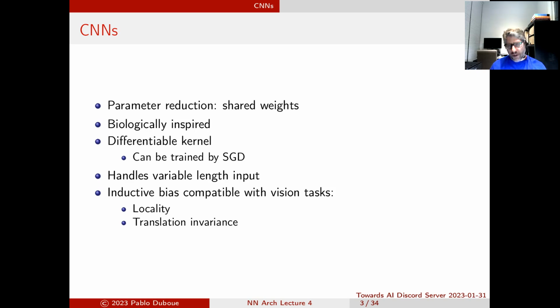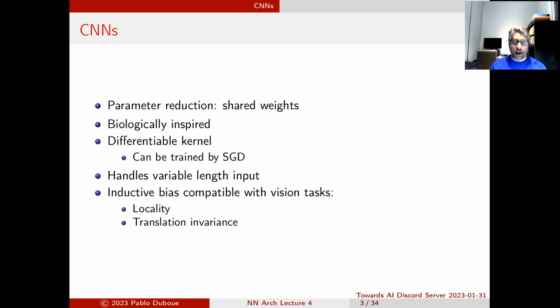More importantly, particularly for this seminar on neural network architectures, the use of convolution and CNNs captures an inductive bias that is compatible with vision tasks. You have locality, you have translation invariance, and you have ideas regarding the type of normalization you do over the image in terms of brightness processing that are key for success in vision tasks.